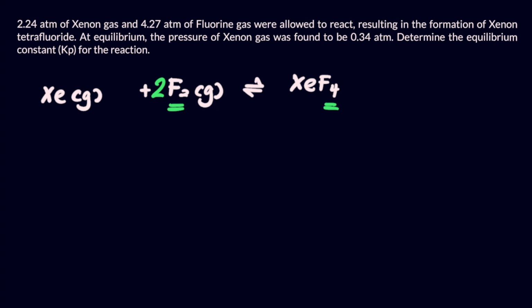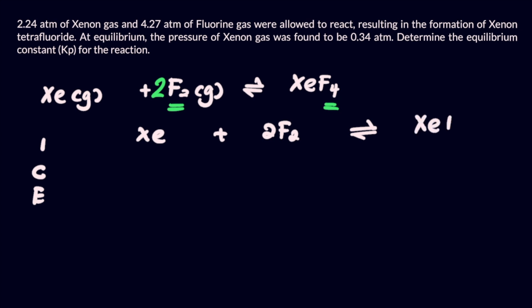The next thing we need to do is to write the ICE diagram. So we will have xenon plus 2 fluorine gas, and it will produce xenon tetrafluoride.